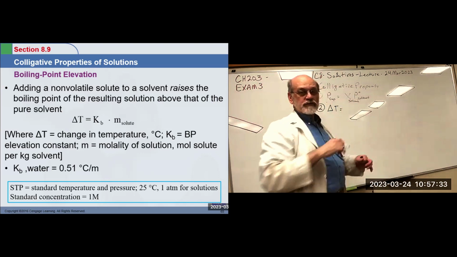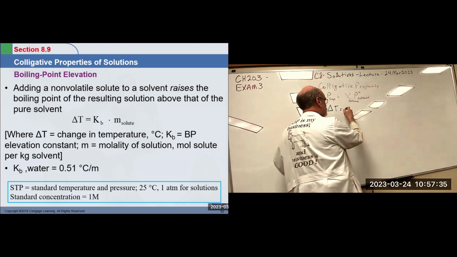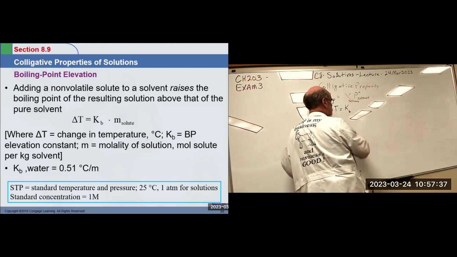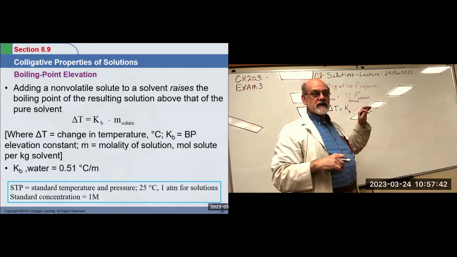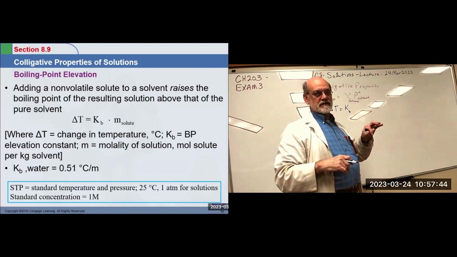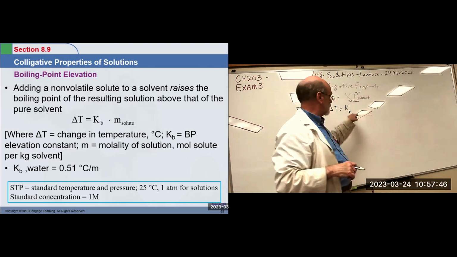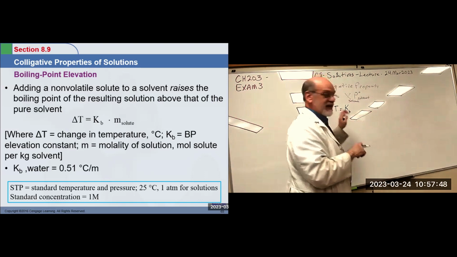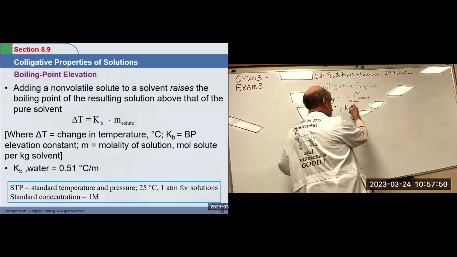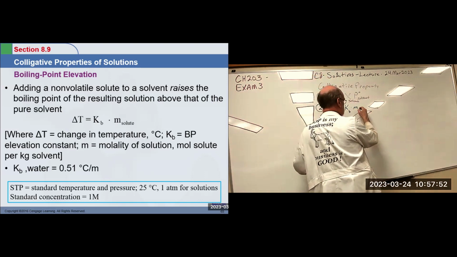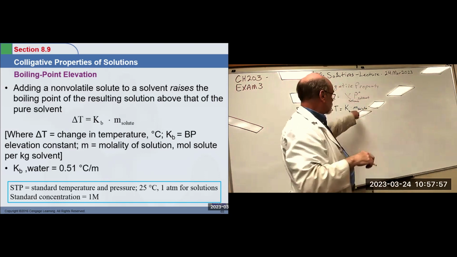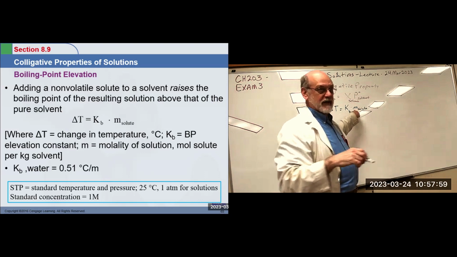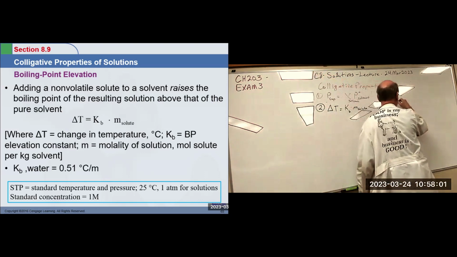Okay, that's equal to a factor, the boiling point elevation constant, which is characteristic of the solvent. Every solvent has a different value here. And then the other factor is the concentration of the solute. Now, that's not molarity. Okay, that's molality.